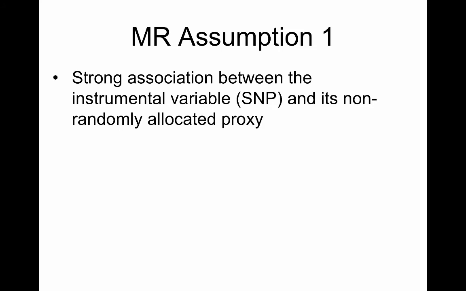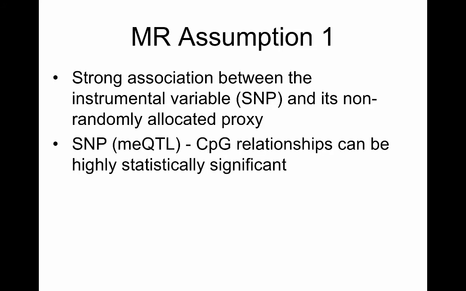I will tell you that it does not get much stronger than the relationship between SNPs and CpG site methylation. In some of our studies, we've seen p-values in the 10 to the minus 200 range. These SNPs are called methylation quantitative trait loci, or mQTL.